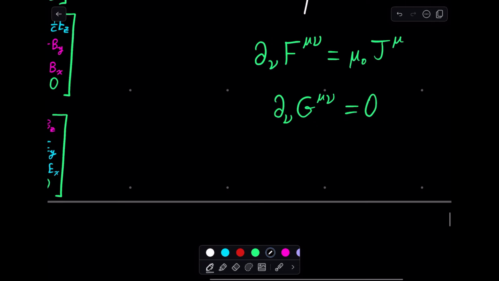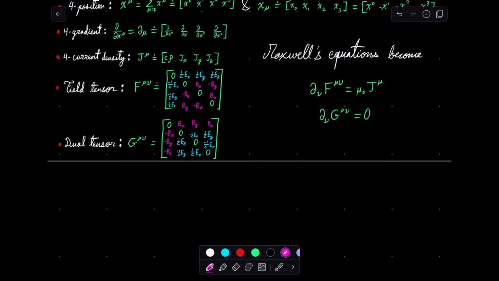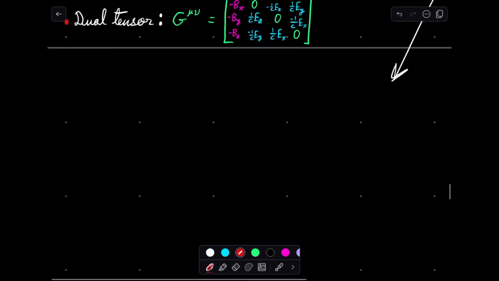To get a little bit of an understanding of how this works, let's derive all of Maxwell's equations from this. So the first one will be, of course, Gauss's law. And that law looks like this.